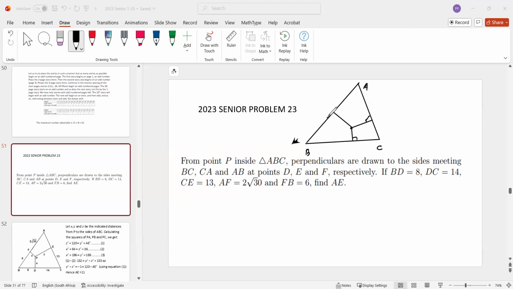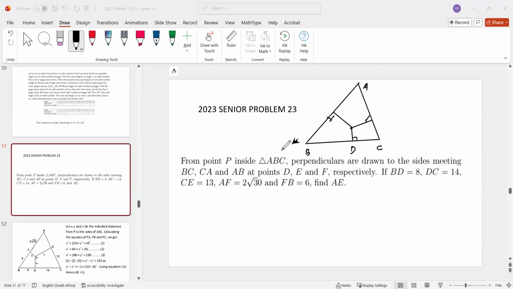You need only put one 90 degrees. You don't have to put both. The other one is automatically 90 degrees. Okay. Meeting the sides BC, CA and AB at D, E and F respectively, in that order.